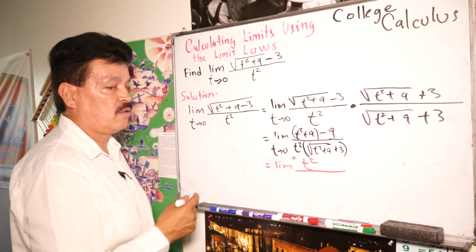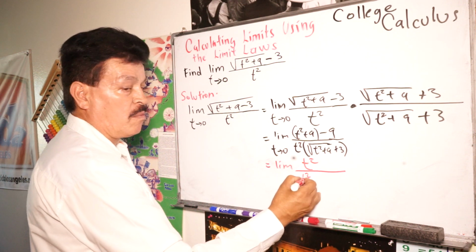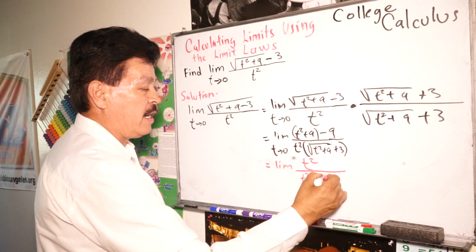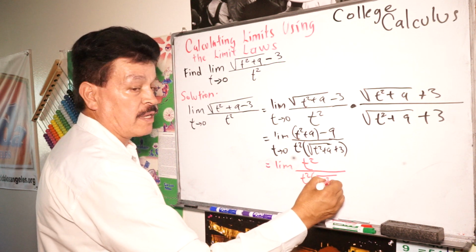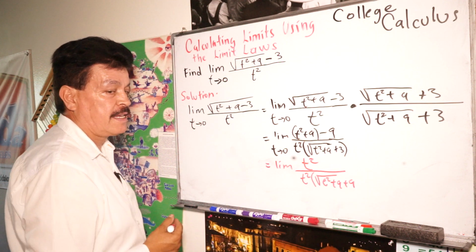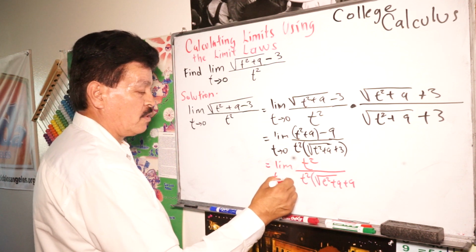You simplify t squared divided by t squared, times the square root of t squared plus 9, plus 3, when t approaches 0.